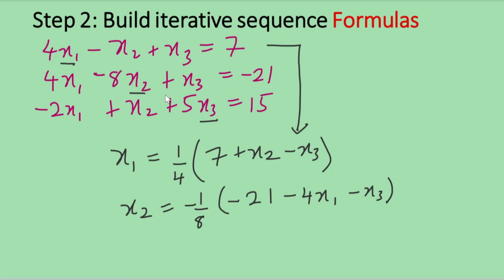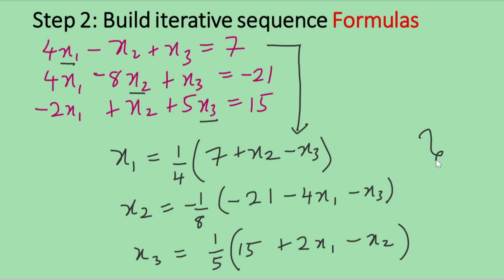Now from the third row, x3 can be written as 15 plus 2x1 minus x2 divided by 5, or multiplied by 1 over 5. Now, these are our iterative sequence formulas.